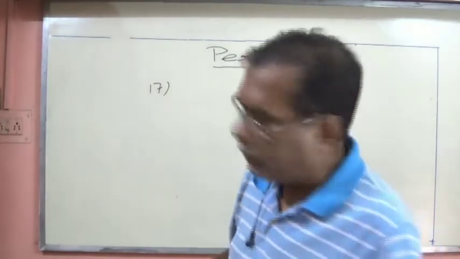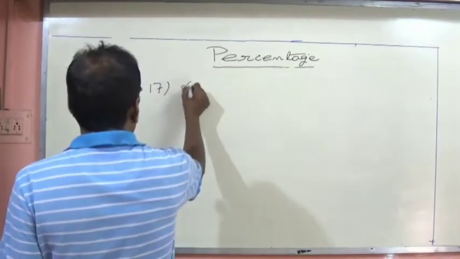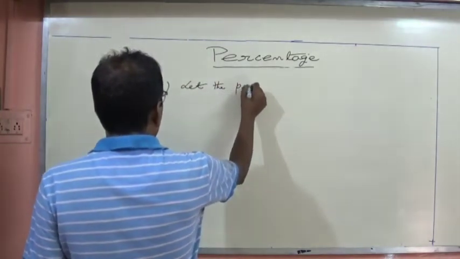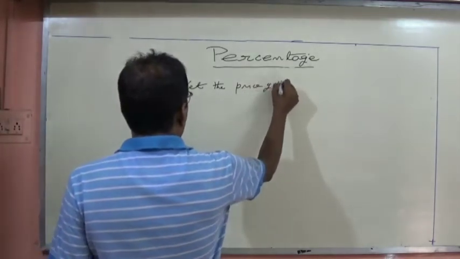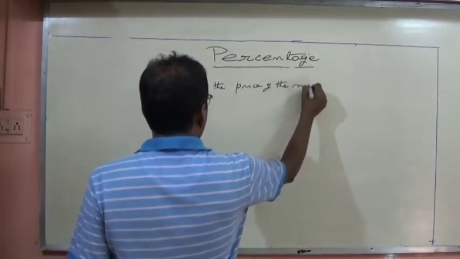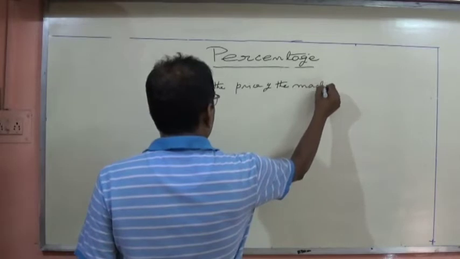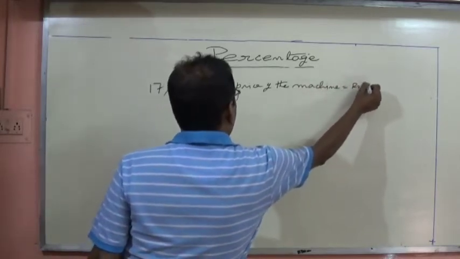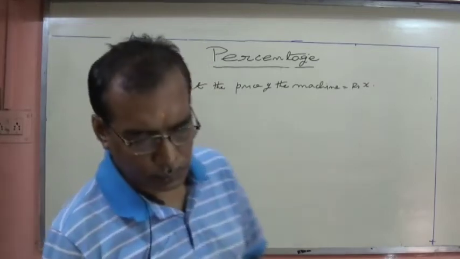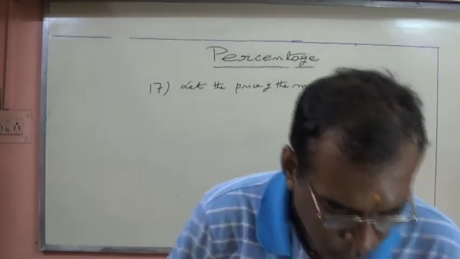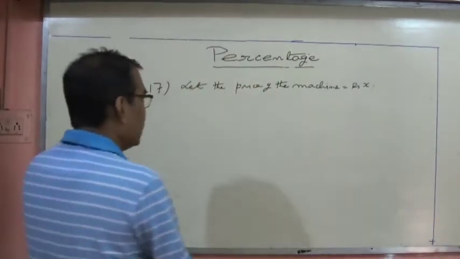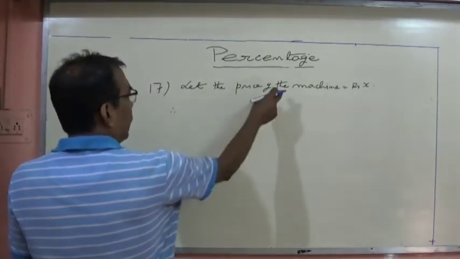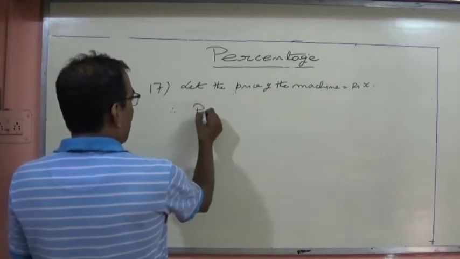Question number 17. Let the original price of the machine be rupees X. And so the present price, it is 1 year back. So the present price will be how much?